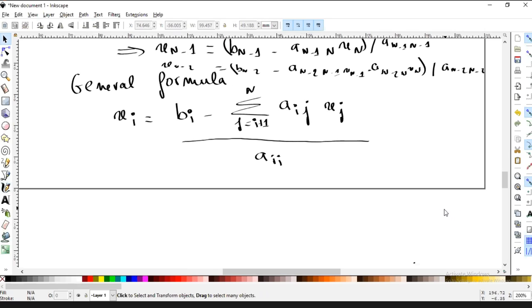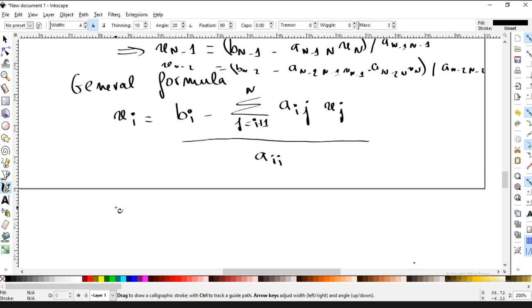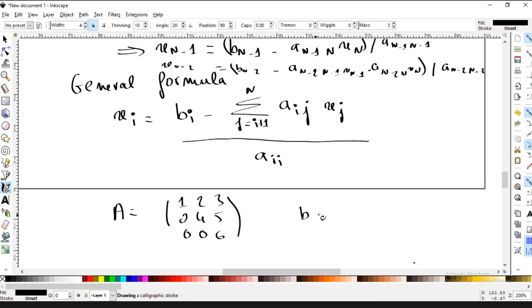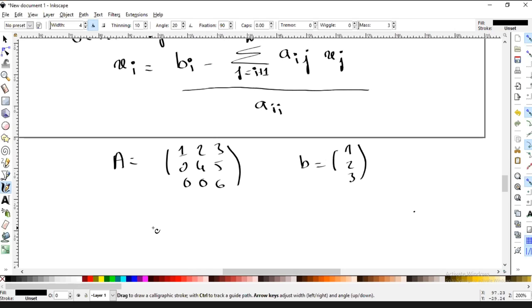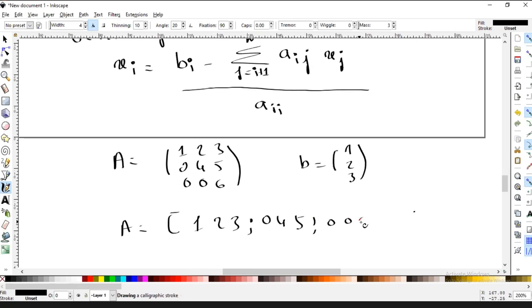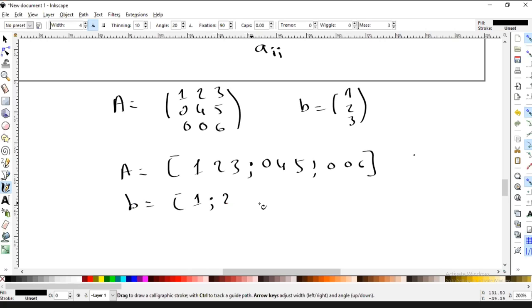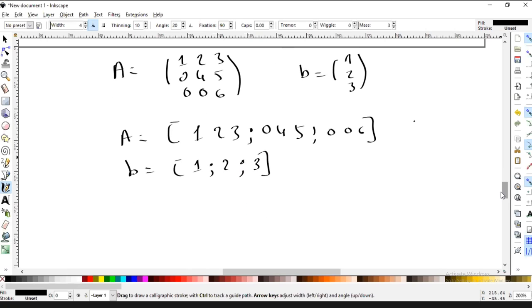For example, let's take A equal to 1 2 3, 0 4 5, 0 0 6, and b equal to 1 2 3. So if you want to write this in MATLAB, you write the matrix A as 1 2 3, 0 4 5, 0 0 6, and b as 1 2 3, right?